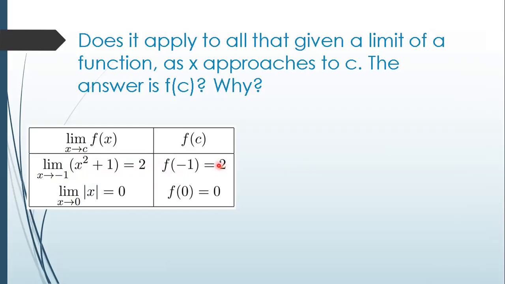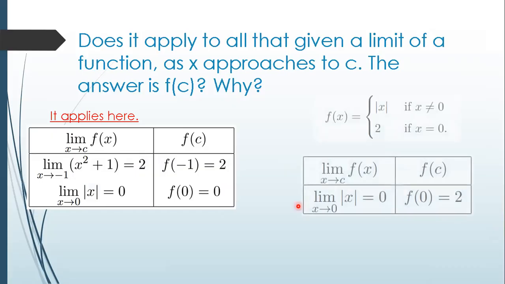This is really amazing. How about this function? The limit of the absolute value of x as x approaches 0 is equal to 0, and f of 0 alone is equal to 0. Are we going to say yes or no for this question? We must not decide yet. Even though it applies here, let's try to look at this function.